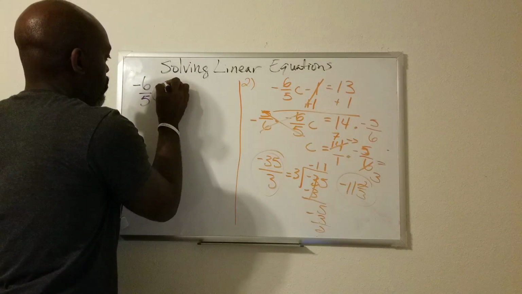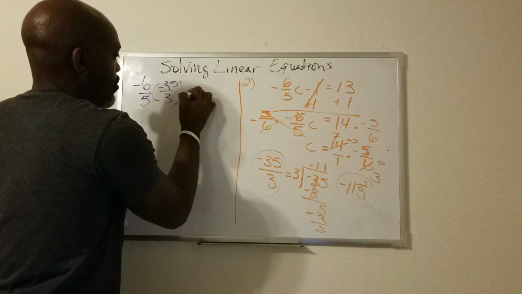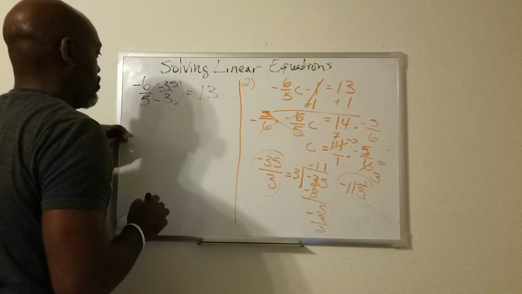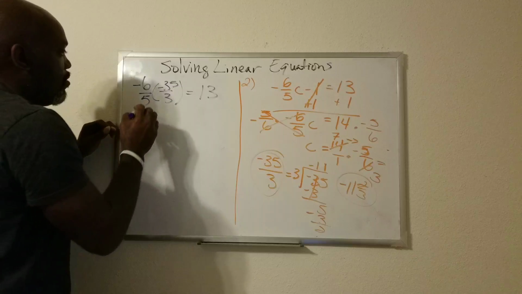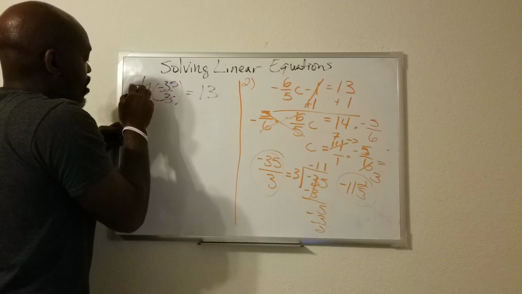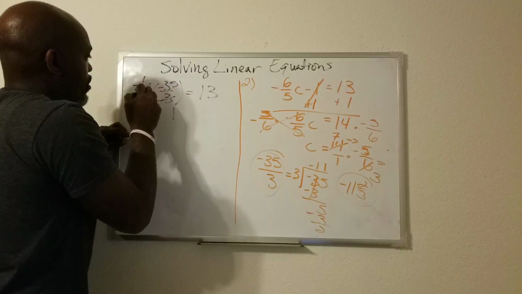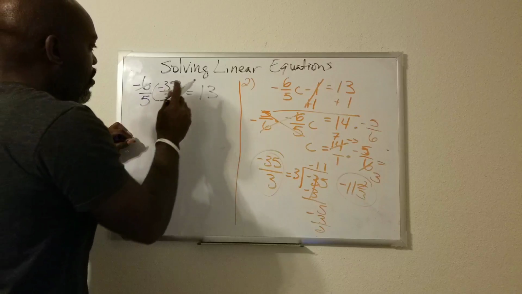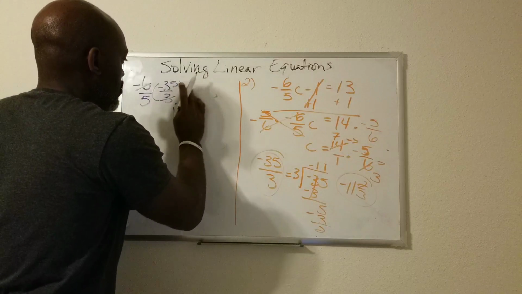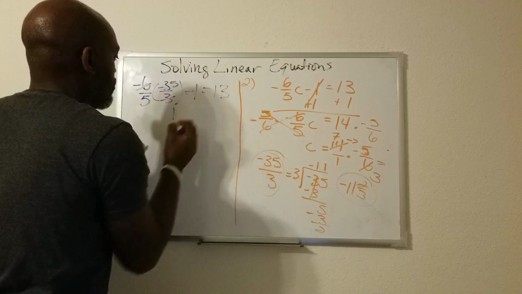Okay, negative 35 over 3, minus 1 equals 13. All right, so we're reducing, right? This is negative. We divide by 3. That's a 1. Oh, I got to do minus 1. Missed that part. Minus 1 equals 13.